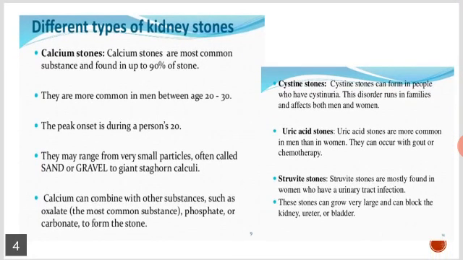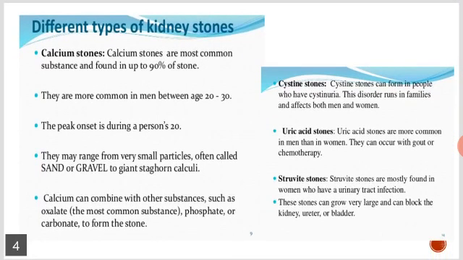Struvite stone, which is also known as magnesium ammonium phosphate, is mainly due to bacterial infection. The most common bacteria involved in this type of stone formation is Proteus vulgaris or Proteus mirabilis.